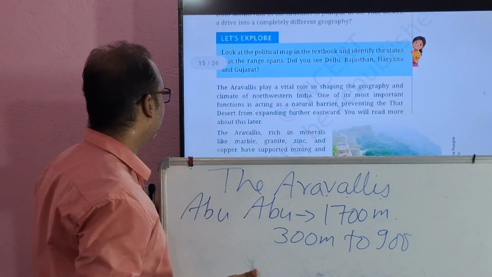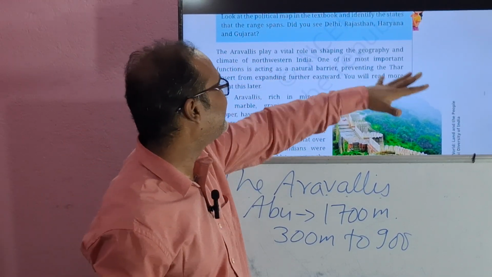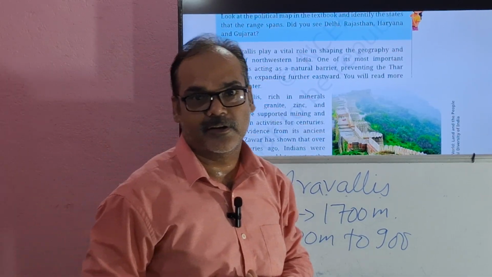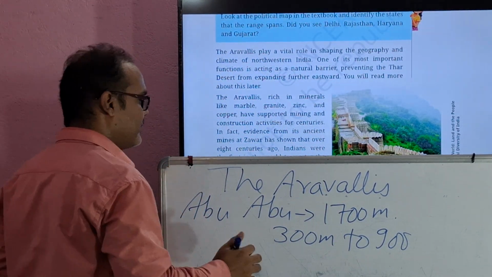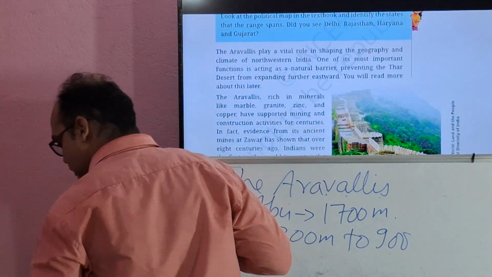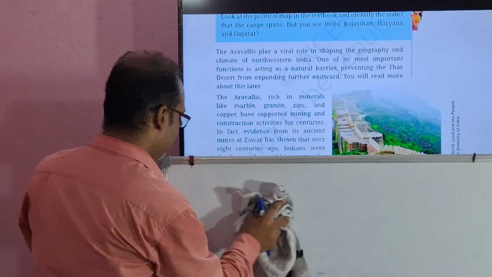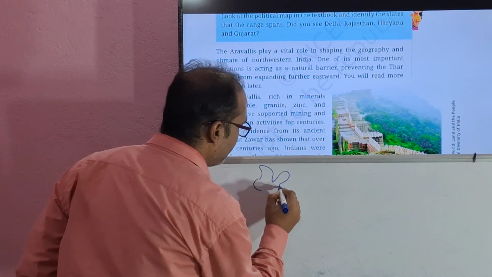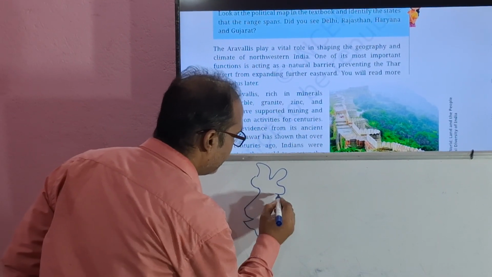Now let's move on. The Aravallis play a vital role in shaping the geography and climate of northwestern India. Where is the northwestern part? Suppose this is a map of India, I'm just showing you, and like this.